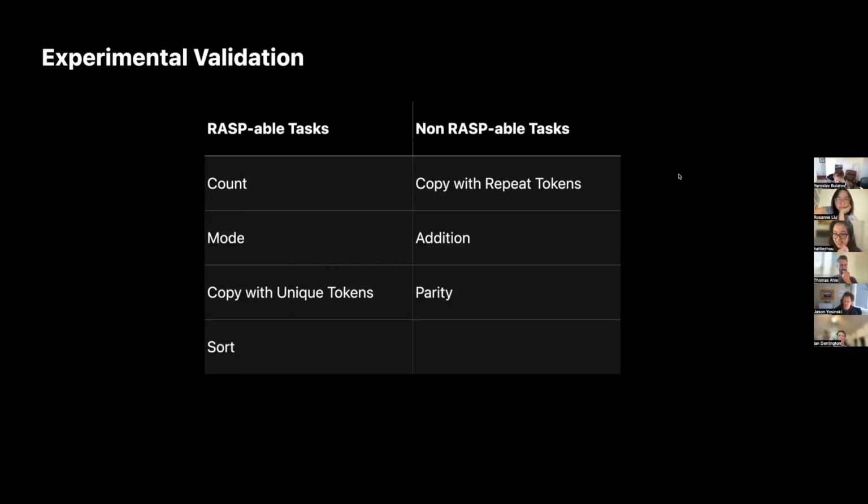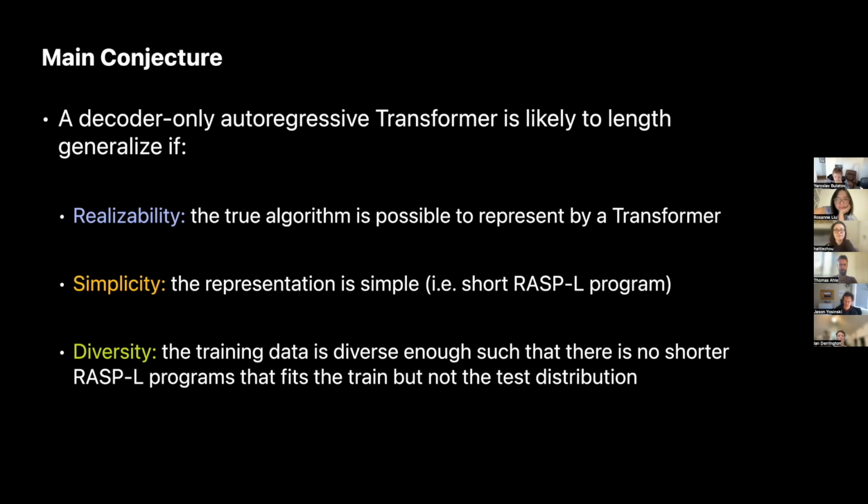Can I ask a quick question before you continue? Yes. I've heard it said that transformers have the capability of universal function approximation, so they can theoretically model any function given sufficient capacity. Can you share how you see that in the context of saying that only some algorithms can be represented? Are we assuming a certain small size or something?